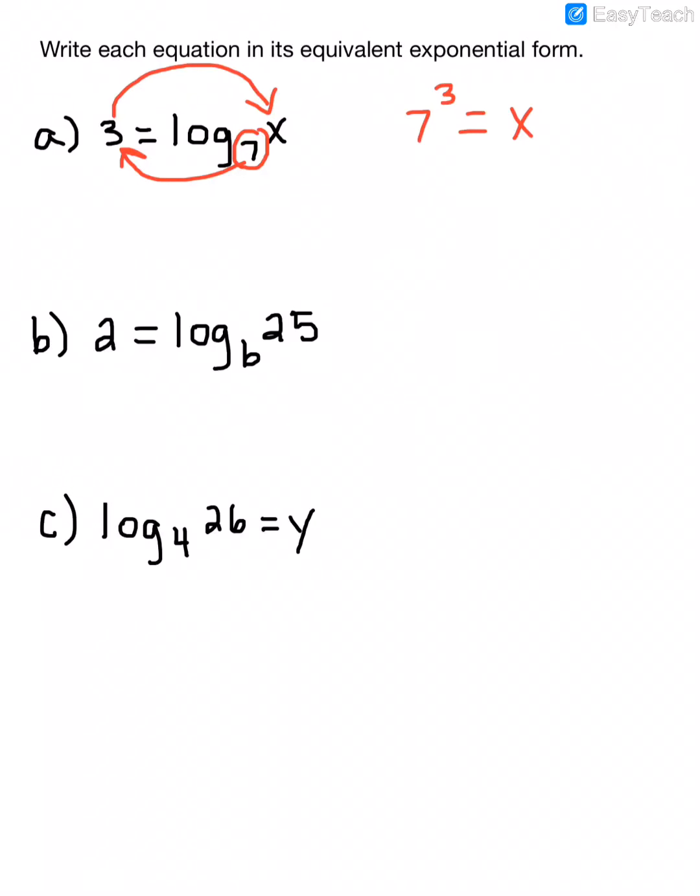Okay, so let's try it again. In B, we have 2 is equal to log base b of 25. So again, we start with our base b, and we raise it to the second power, and then it equals our argument, which is 25.